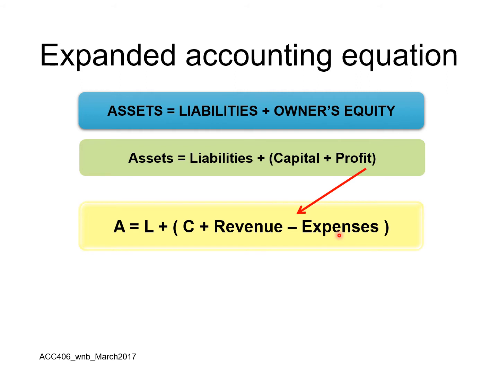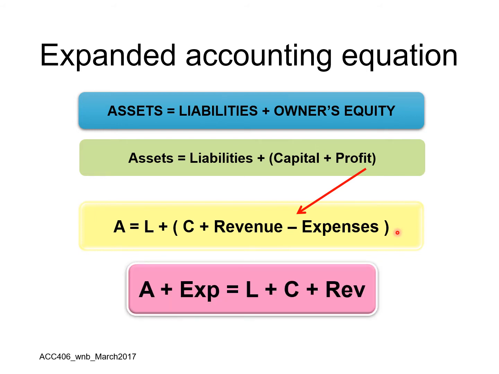So, bila kita pecahkan, dia akan jadi macam ni lah. A equal to L plus C plus revenue minus expenses. Boleh pecahkan lagi tak? Okay, so kita shortenkan dia. Kita alihkan expenses ni ke sini, ke asset ni.